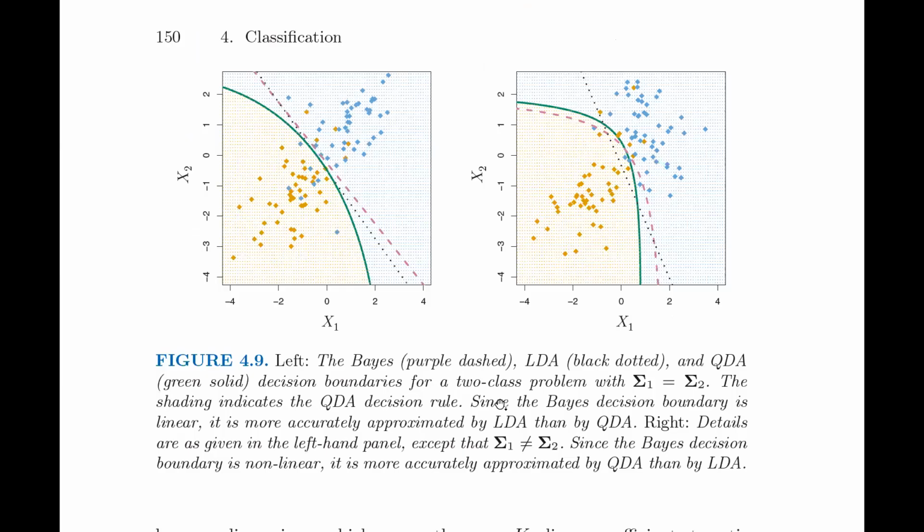So what are we saying over here? The orange had a 0.7 correlation, so did the blue, a 0.7 correlation. Now we have a negative 0.7 and a positive. So even those ellipses are very, very different now.